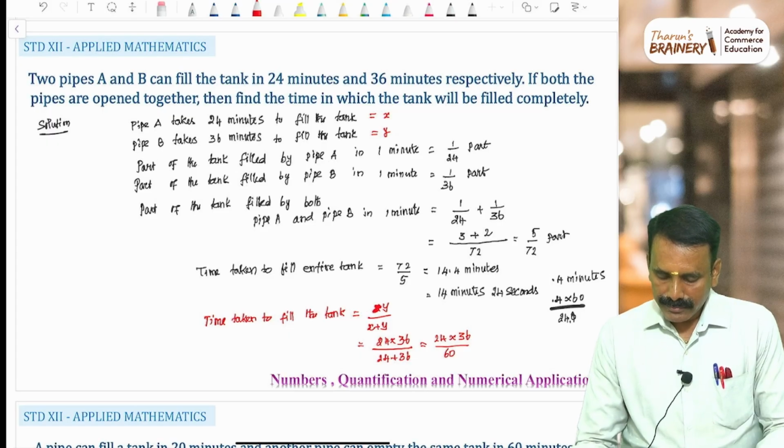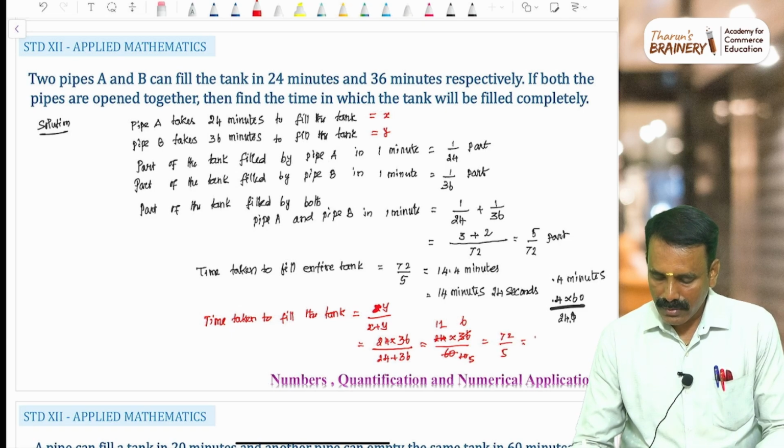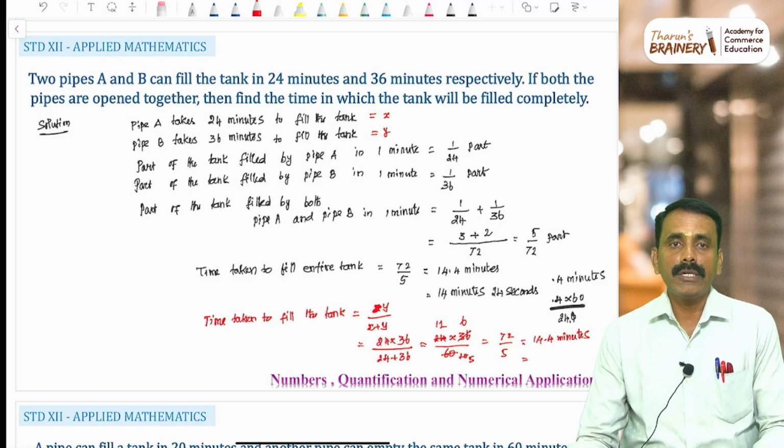So we divide 6 6s are 36. This is 10. We divide this one by 2. 12 2s are 24. This is 5. So this is 72 by 5, which is equal to 14.4 minutes. And we know how to convert this 0.4 minutes to seconds.